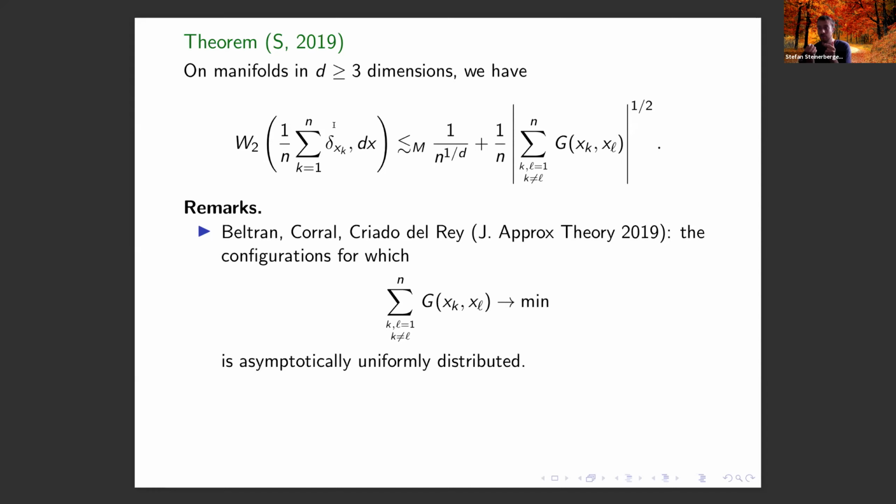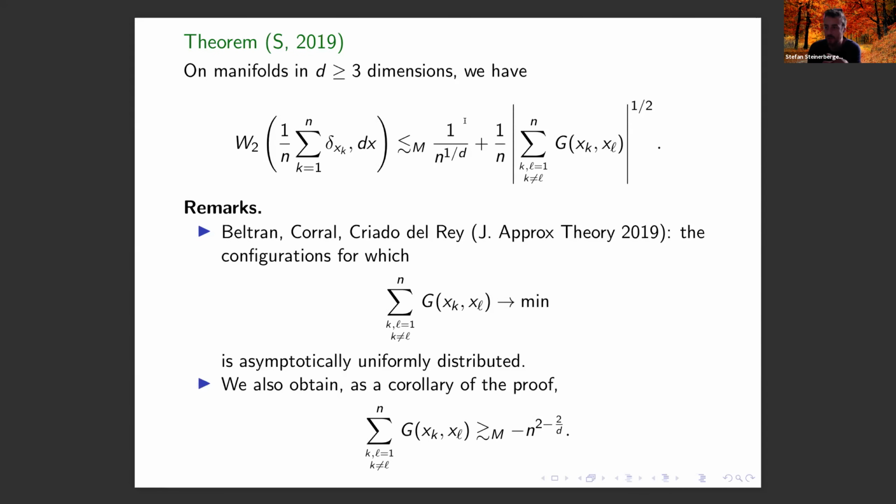Wasserstein distance going to 0 implies that the sequence is uniformly distributed, and the rate is how quickly you converge. And this also, not from the inequality but from the proof, follows that this cannot be too small, which on the sphere is a result of Wagner from the 90s. And here's a more general kind of statement for manifolds.